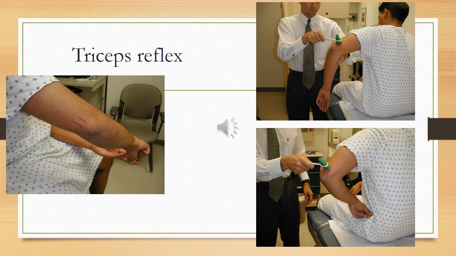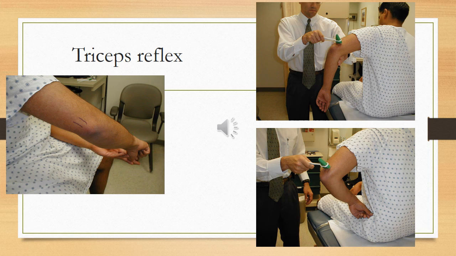Now going to the triceps deep tendon reflex, as you can see in the picture on the left-hand side, you can easily determine the tendon of the triceps, which is located just above the elbow. If you can't feel it, ask the patient to contract the triceps by stretching the elbow, and you can easily palpate the tendon.